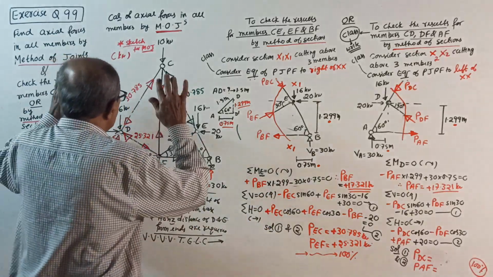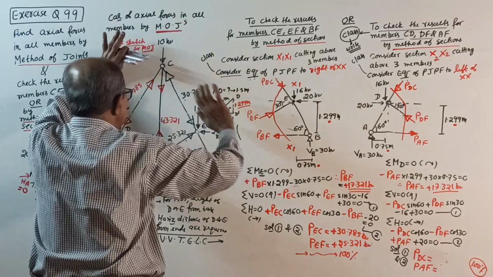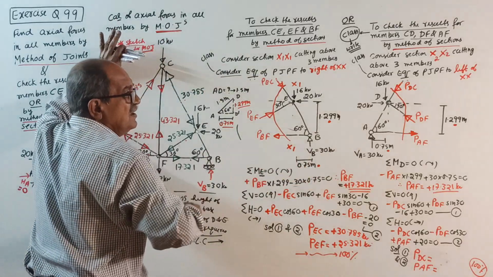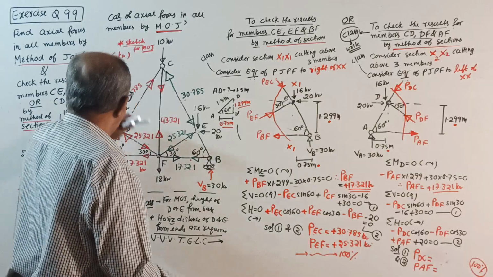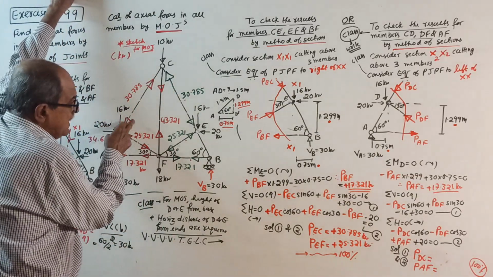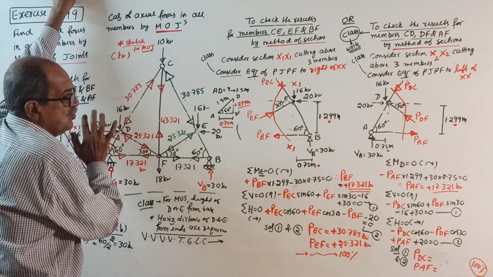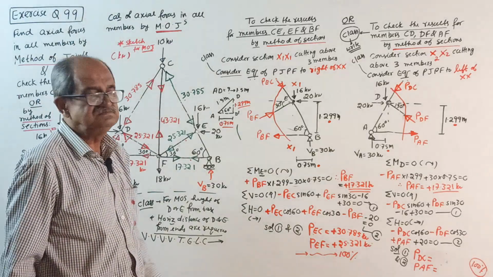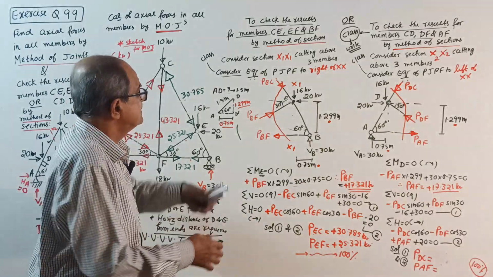I have confidence in myself. When I do method of joint later, it is for checking purpose. It will come. So I solved it directly. I got this answer by calculator, without writing, of course. It is honestly correct.